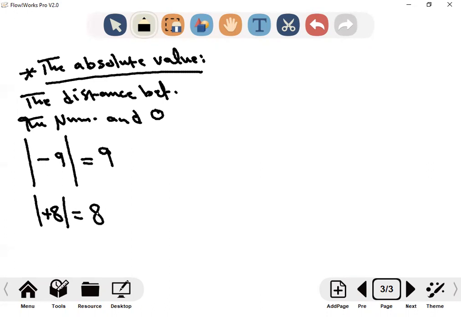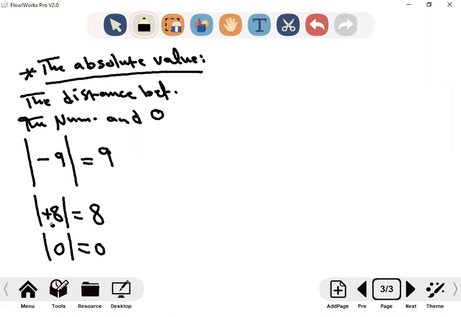Absolute value is always positive, and 0. When you say positive you exclude 0. So the absolute value can be 0 when the number is 0. Else it's always positive. So absolute value is the distance between the number and 0, and it's always 0 or positive, not negative.